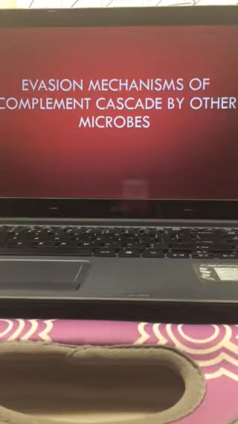I'm going to discuss the invasion mechanisms of the complement cascade by other microbes. Many different types of organisms have developed ways to evade the complement cascade.